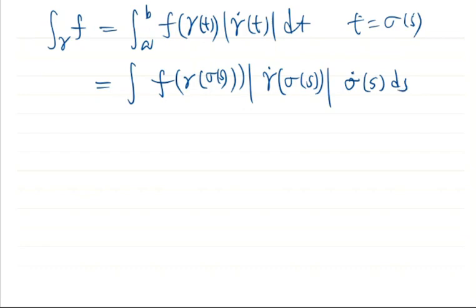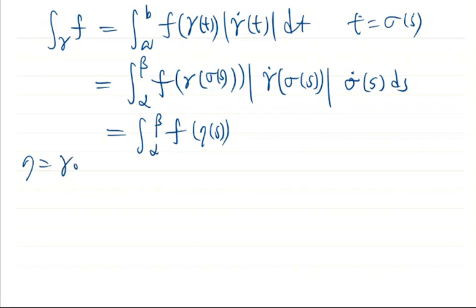Correspondingly, the interval of integration becomes alpha to beta. Then this is the integral from alpha to beta of f of eta s, since eta is the composition of gamma and sigma.